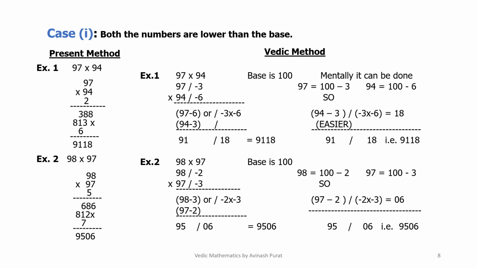So mentally, 98 is 100 minus 2, 97 is 100 minus 3. So 97 minus 2 stroke minus 2 into minus 3, that is 06. So 95 stroke 06, that is 9506.